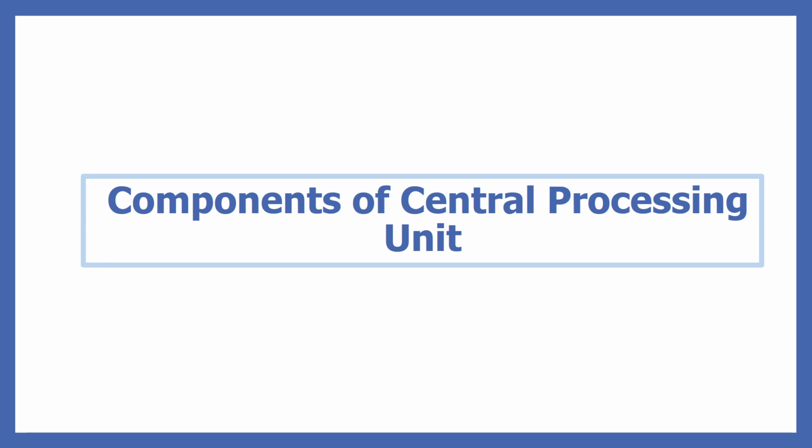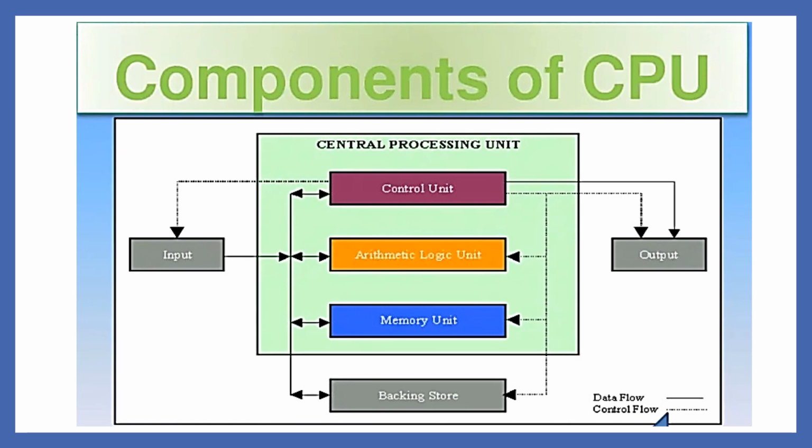So let's talk about the components of the central processing unit. To understand the components of the central processing unit, we have to go through this diagram, where we can see the main functions of the computer that we talked about, which was input given to the CPU. The CPU processes all of the tasks or the input and then gives us the output.